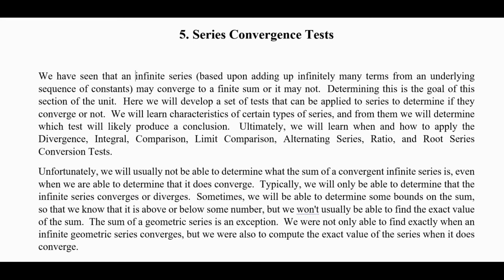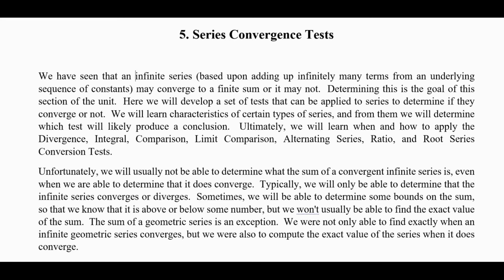Unfortunately, we will usually not be able to determine what the sum of a convergent series is, even when we are able to determine that it does in fact converge to a finite sum. Typically, we will only be able to determine that the infinite series converges or diverges.